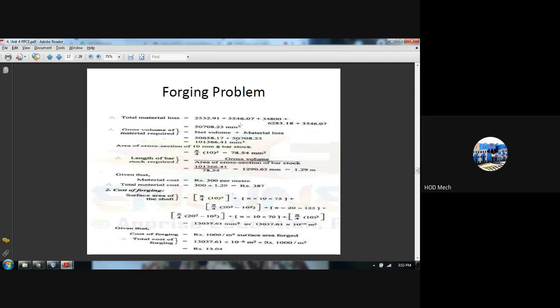Add these two answers, net volume plus material loss. net volume கூட material loss சேர்த்துட்டீங்கன்னா that is the original volume of material required for you. உங்களுக்கு தேவைப்படுகிற ஒரிஜினல் வால்யூம் ஆஃப் மெட்டீரியல். இந்த 150 ஷாஃப்ட் செய்யணும்னு சொல்றாங்க பாருங்க, ஒரு ஷாஃப்ட் செய்யறதுக்கு உண்டான மெட்டீரியல், the material required for making one shaft.